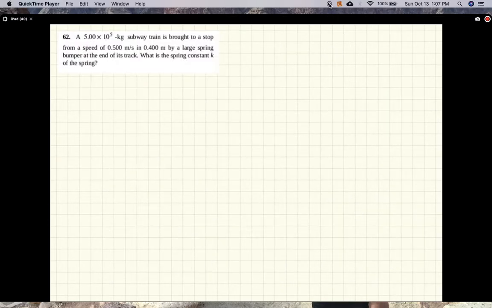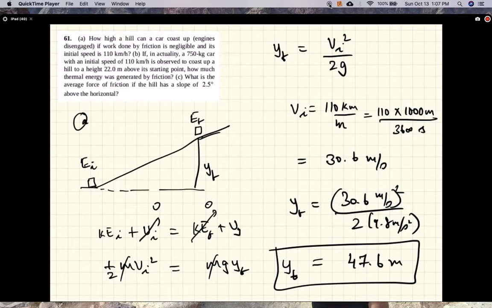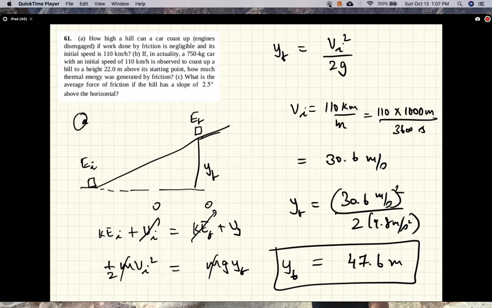Okay, so in part B, let's add a page below. They say it should have risen, if there's no friction, the car should rise up 47.6 meters.